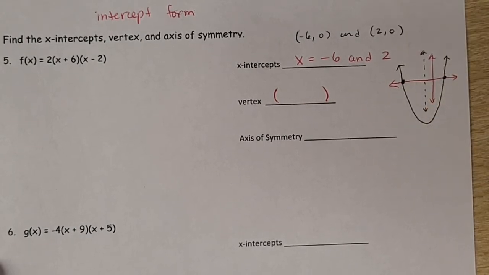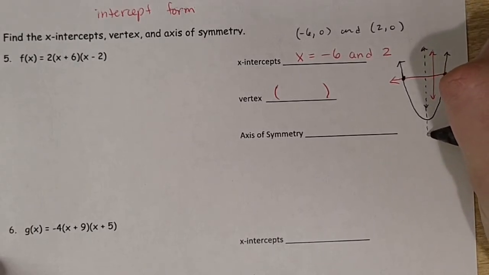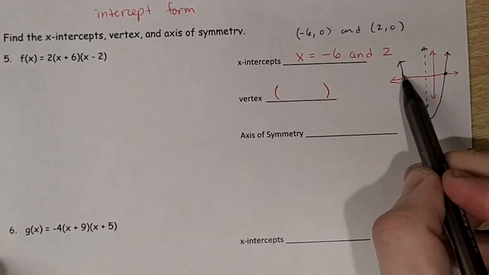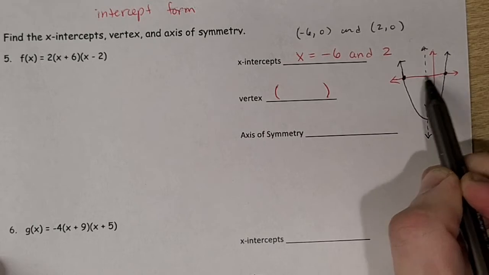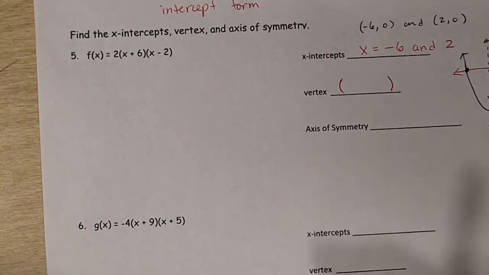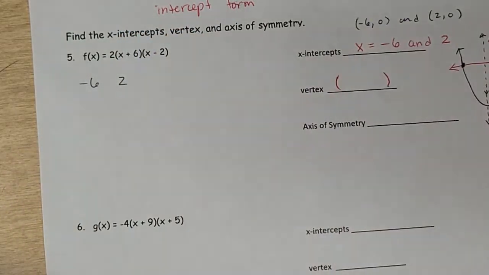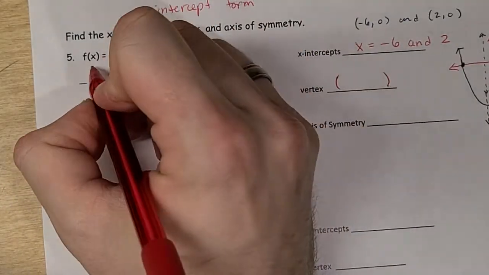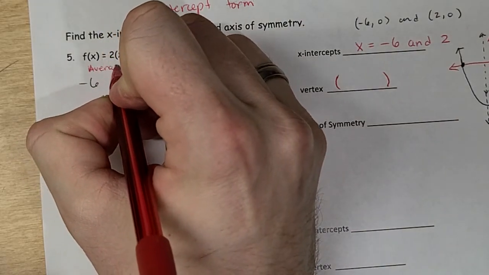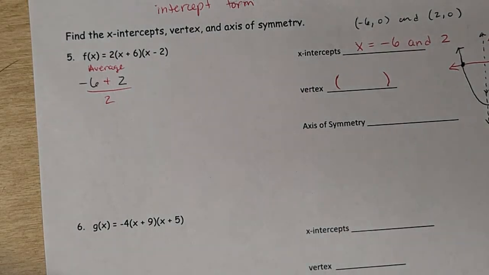But I know because of symmetry that this axis of symmetry cuts straight down the middle, and so I know it's exactly halfway in between these 2 points. So here's a quick way to find that out. You take -6 and +2, and you find the average. Average, meaning I add them up, and I cut it in half.